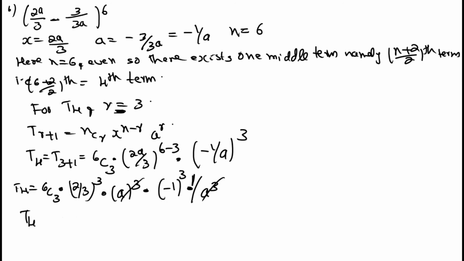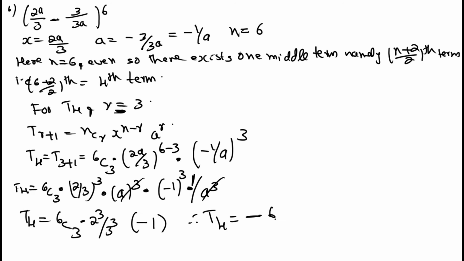And T4 equal to 6C3 into 2 to the power 3 by 3 to the power 3 into (minus 1) cube. Minus 1 to the power cube means it's equal to minus 1. Therefore, T4 equal to minus 6C3 into 2 cube, which is 8, divided by 3 cube, which equals 27. This is the middle term.